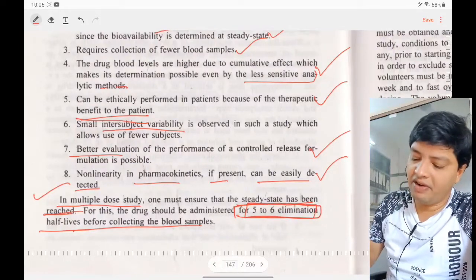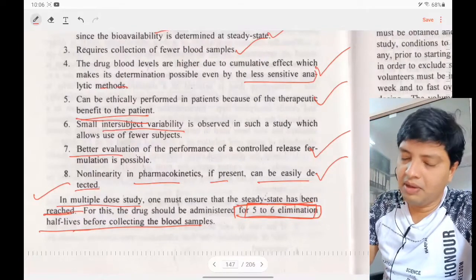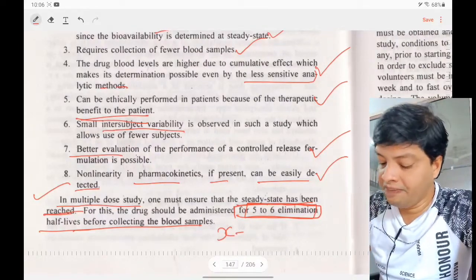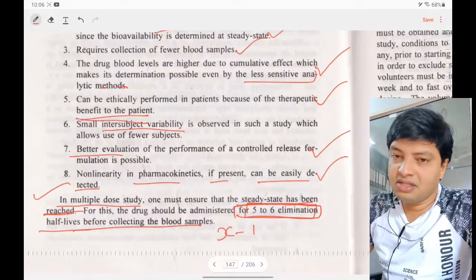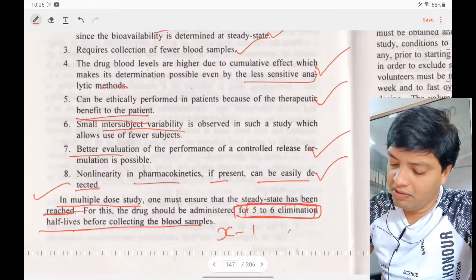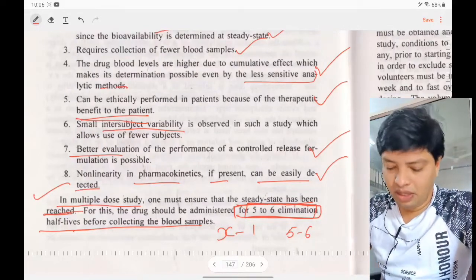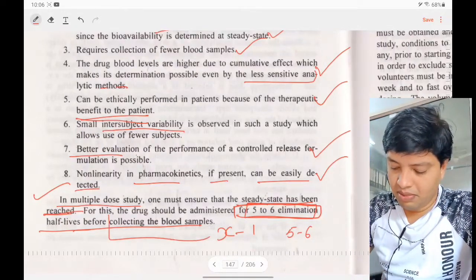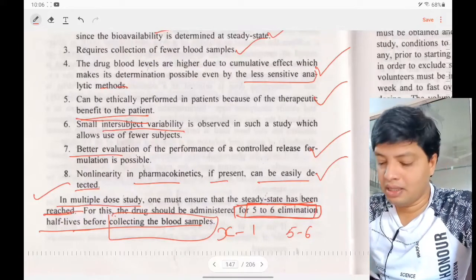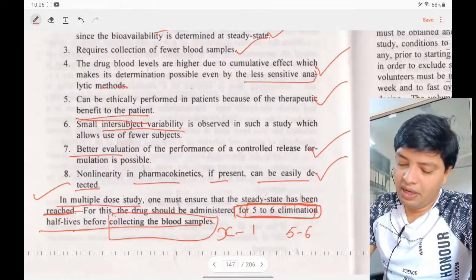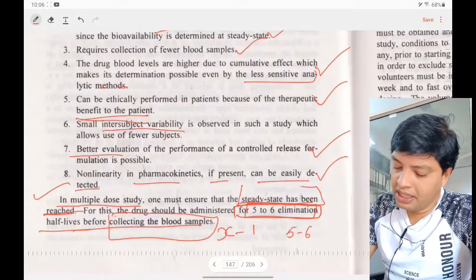Let's say some drug X has a half-life of 1 hour. 5 to 6 half-lives means at the 5th hour or 6th hour you need to start collecting your blood sample. So you need to attain the steady state.